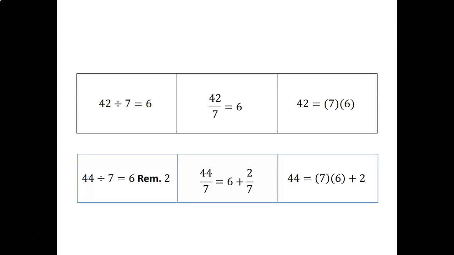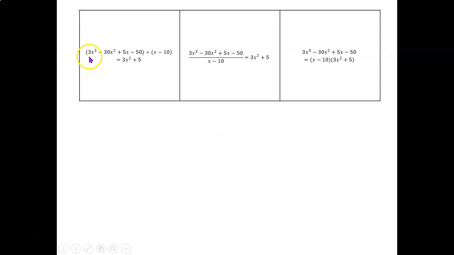A similar thing happens when what you're dividing is not just whole numbers, but polynomials. So a polynomial like 3x cubed minus 30x squared plus 5x minus 50 divided by x minus 10 means we're looking for what we can multiply times x minus 10 to end up with 3x cubed minus 30x squared plus 5x minus 50.